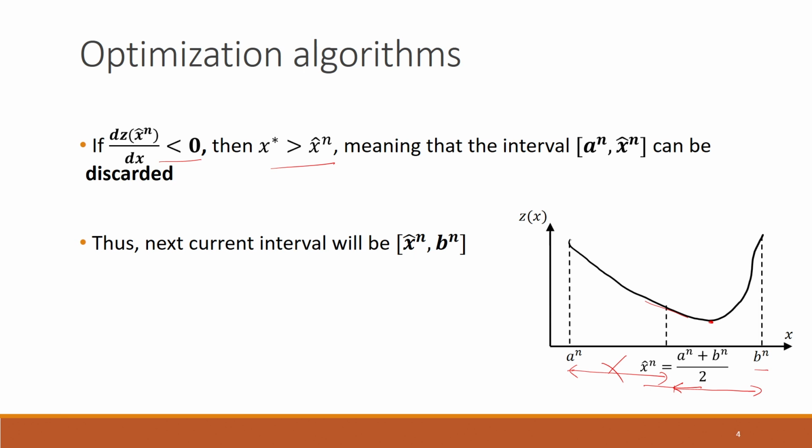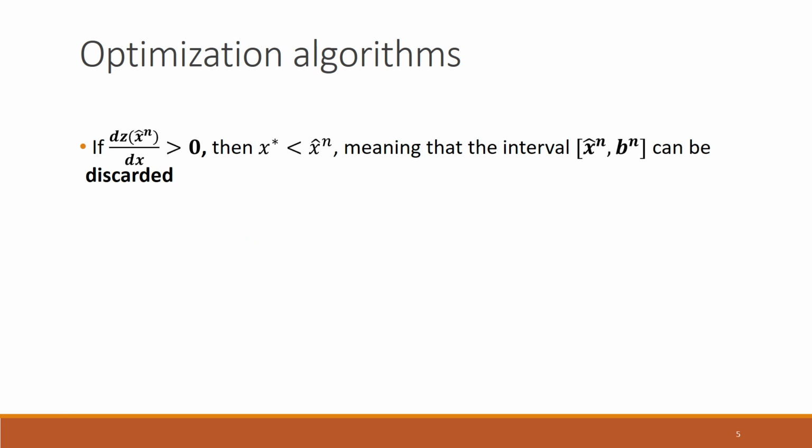On the other hand, if the derivative that we determine at the middle point is positive, then the optimum solution will lie at a value less than x hat n, so the interval x hat n till b_n can be discarded.